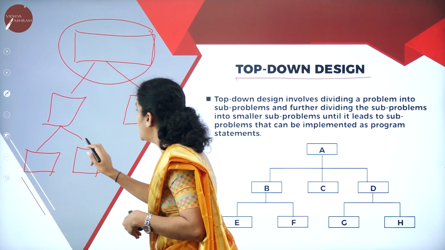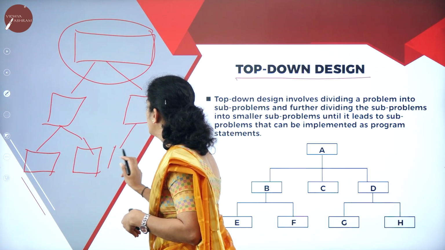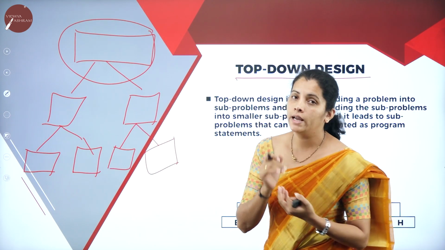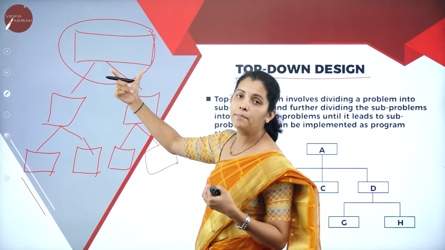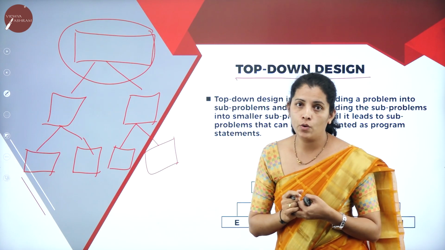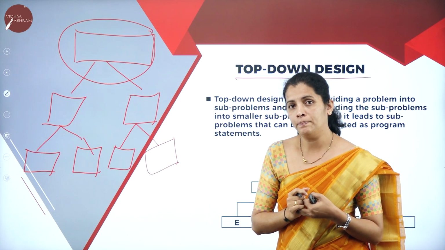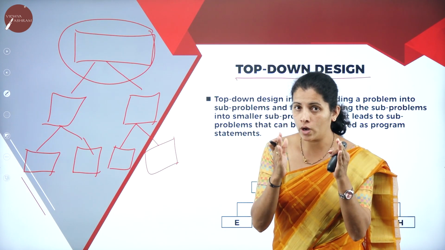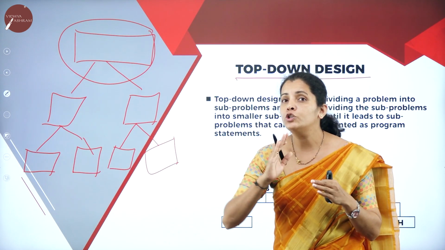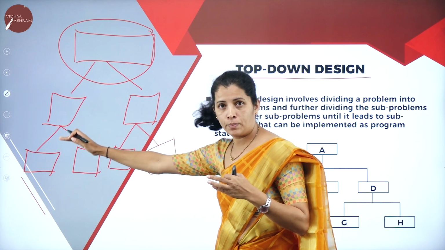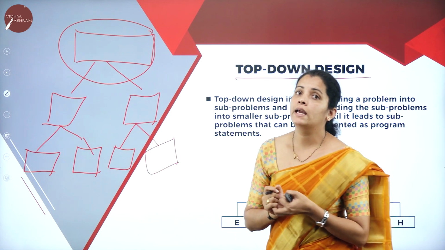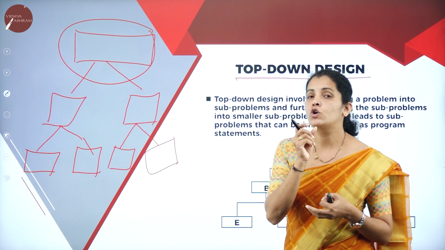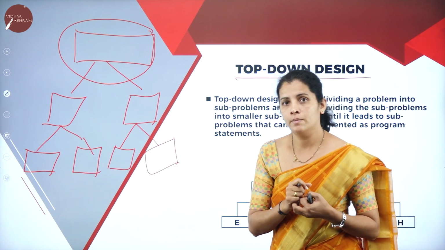This is the way I can find the solution. So now tell me, when can I apply the top-down approach in my program? That means when I'm thorough with the main program and I'm not sure about the sub-program, at that time I can use the top-down approach in my program.